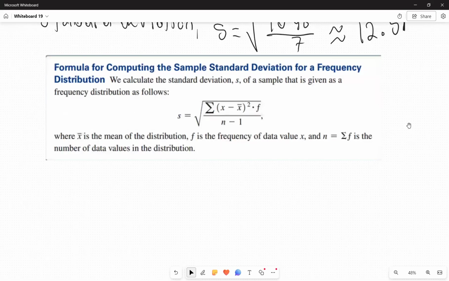When we do the standard deviation of a frequency distribution, we need to consider the frequencies. This is taking a little bit longer to load, but that's what we're doing next.